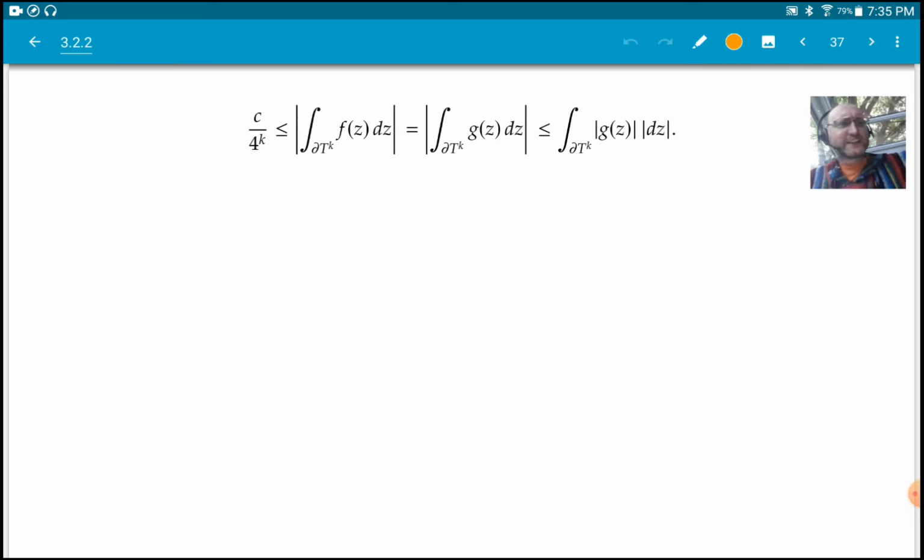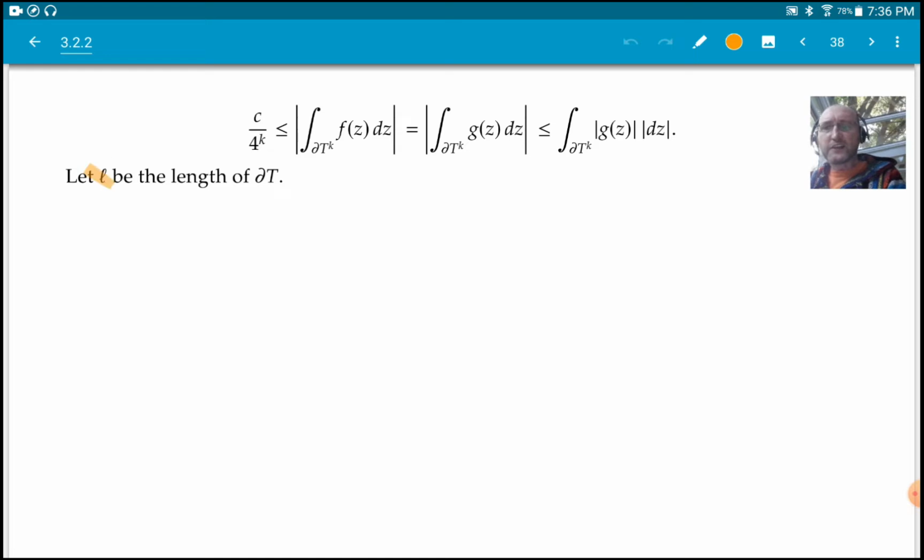And we bound that as above. We bound this above by the arc length integral. This is just going around the triangle and integrating with respect to the arc length as we're going around. So that's the triangle inequality for integrals.